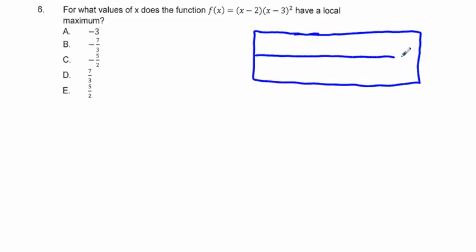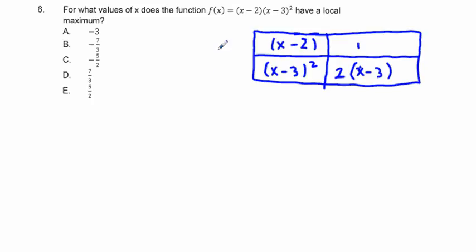Here we go, we take this box here, and we're going to have quantity x minus 2, and the derivative of quantity x minus 2 is 1. And then we're going to have quantity x minus 3 squared, and the derivative of quantity x minus 3 squared is 2 times x minus 3.